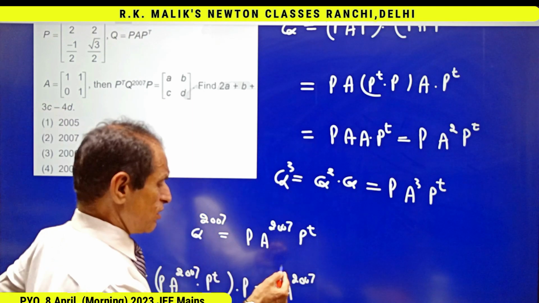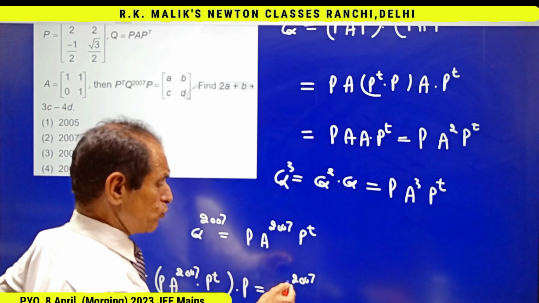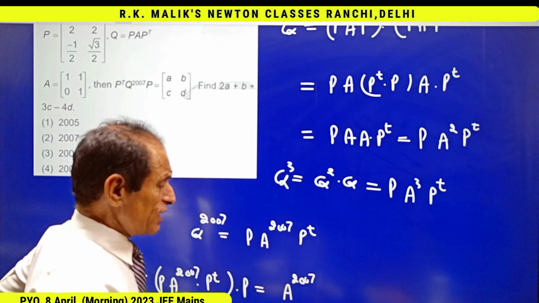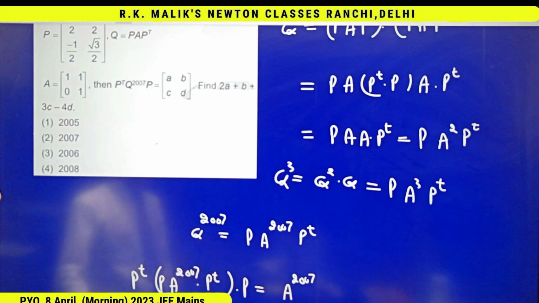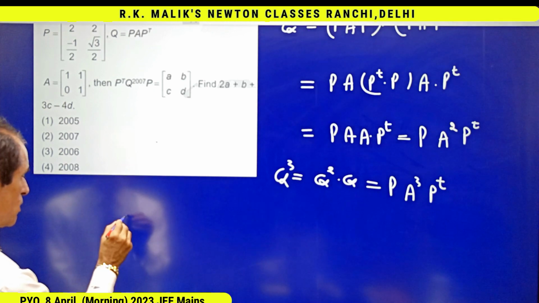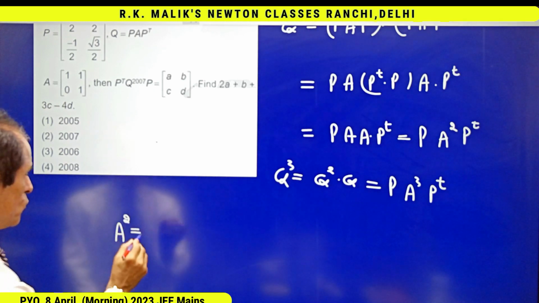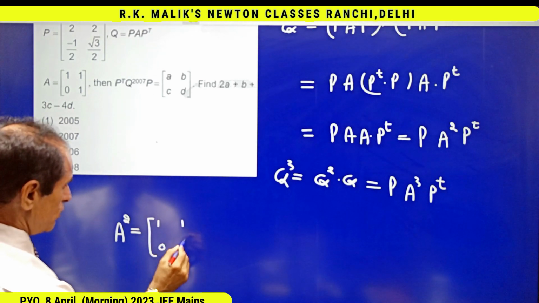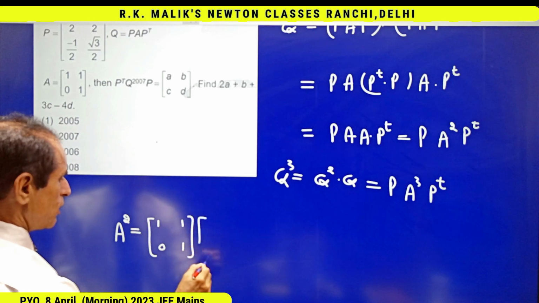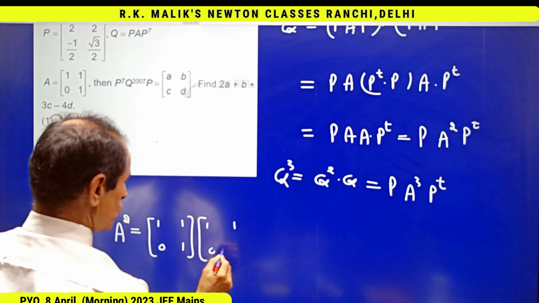Usually for converting any higher power to a lower power, we take the help of the Cayley-Hamilton theorem. But in this case, it is already very simple. Therefore, I will not be using the Cayley-Hamilton theorem to find the value of this. Here, A square is equal to 1101 into 1101.